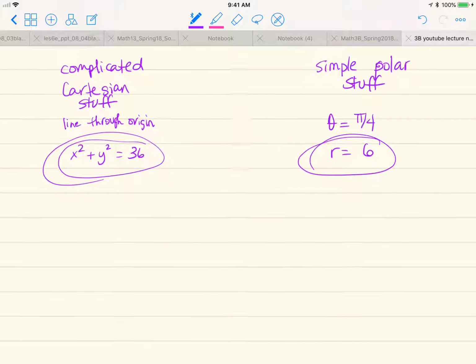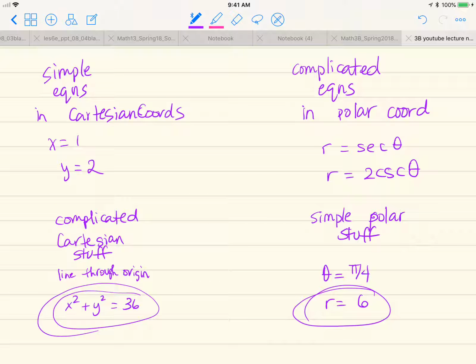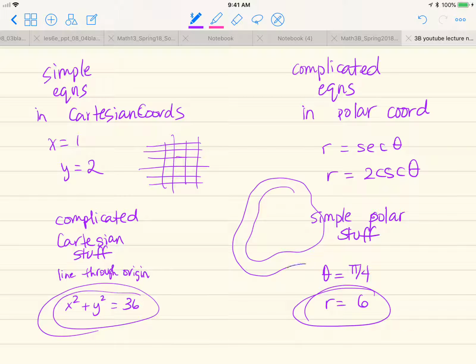Which coordinate system you use is determined by what you are trying to graph. If you're trying to graph something very boxy, it's best to use Cartesian coordinates, where it's good to approximate it like a box. But if things are more flowy and circular, it's a great time to use polar coordinates, okay?